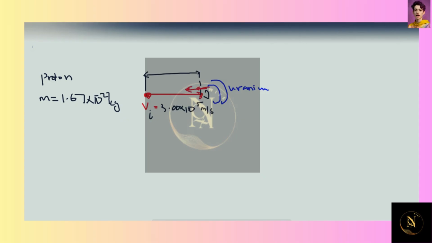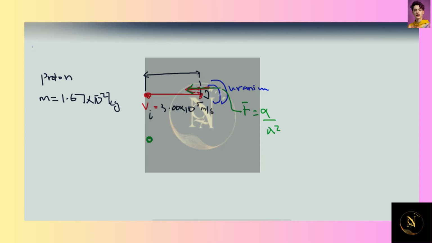There's a force that's repelling that motion by the uranium nucleus, and this force happens to be alpha over x squared, where x stands for the distance between.